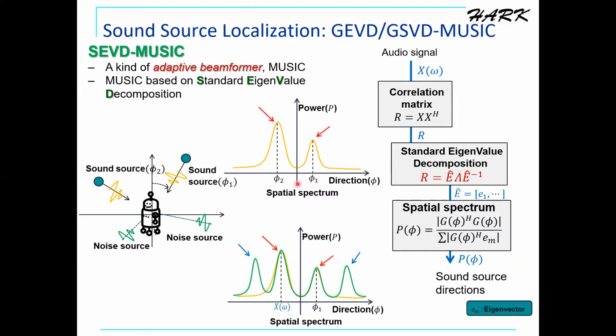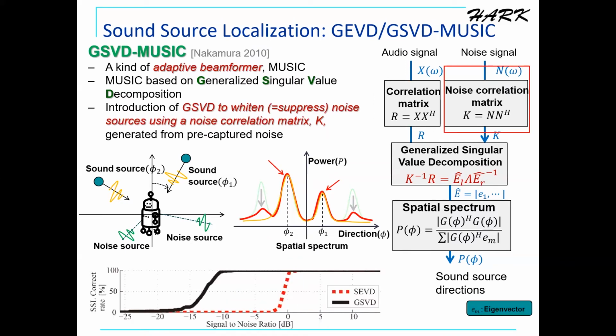However, when noise sources have higher power than the target sound sources, the original MUSIC easily deteriorates, like this figure, because it's very difficult to distinguish between noise sources and the target sources. To solve this problem, we proposed GEVD or GSVD MUSIC, based on generalized eigenvalue or singular value decomposition.